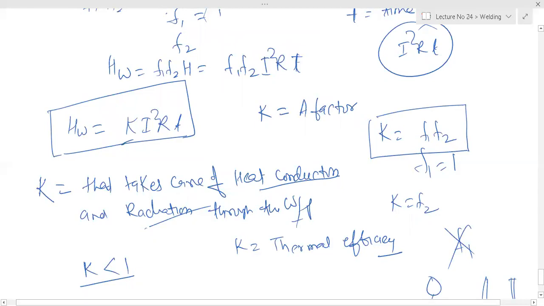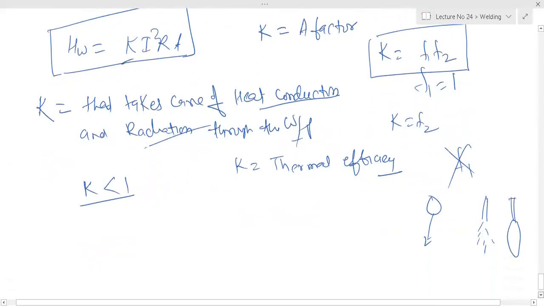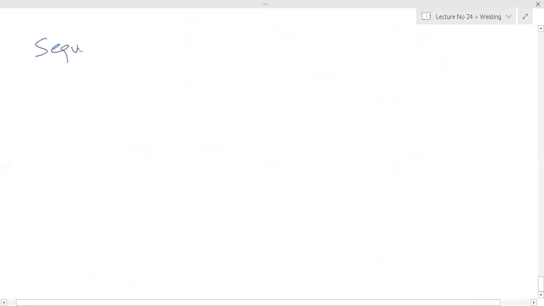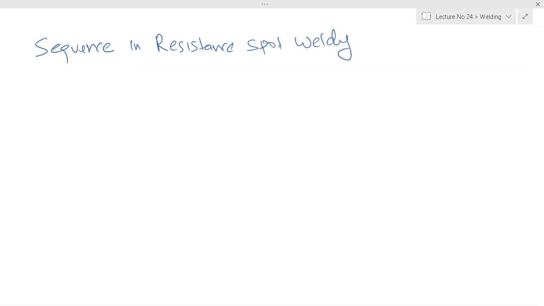Now the sequence in a resistance spot welding.